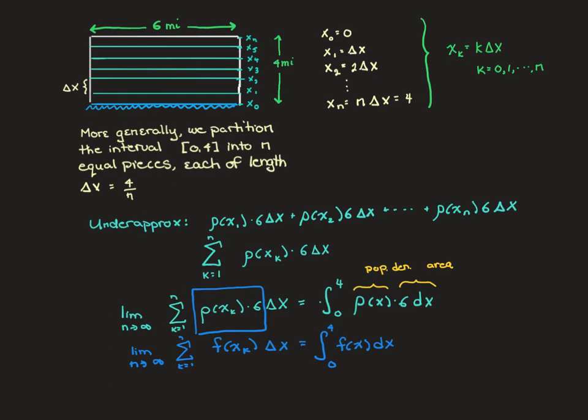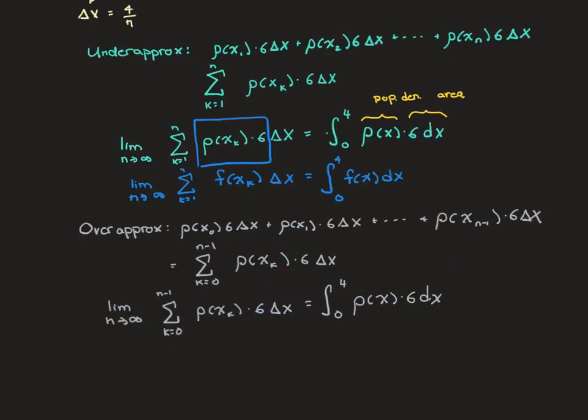Let me show you what that would look like. We would get an overestimate by looking at rho of x naught times the area plus rho of x sub 1 times the area, etc., where the last one would be rho of x sub n minus 1 times 6 delta x. So we'd be summing from k equals 0 to n minus 1. But if you take the limit of that, you still get the same integral.